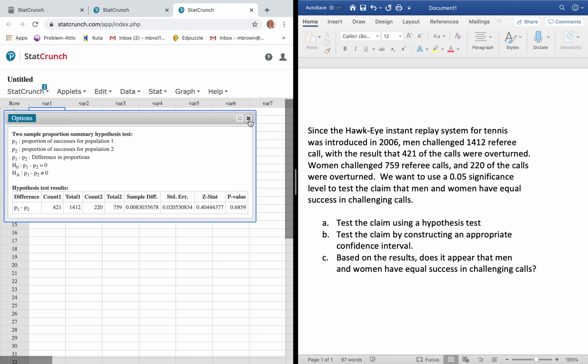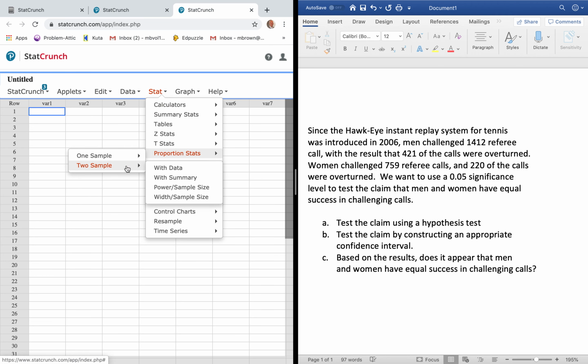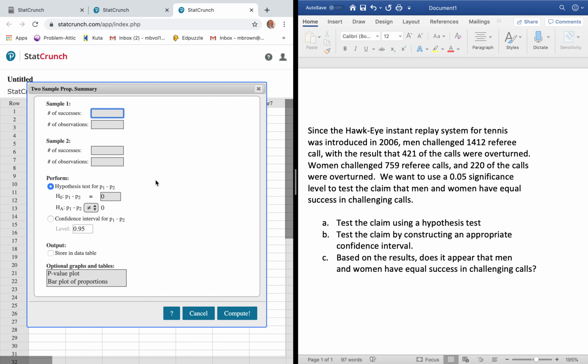Now, how about a confidence interval? With a confidence interval, go to the same place, Proportion Stats, 2 Sample, With Summary, and type in the numbers 421, 1412, 220, and 759. This time, we'll click on the confidence interval, and that automatically clicks off the hypothesis test, and that gives me P1 minus P2, which is what we want.